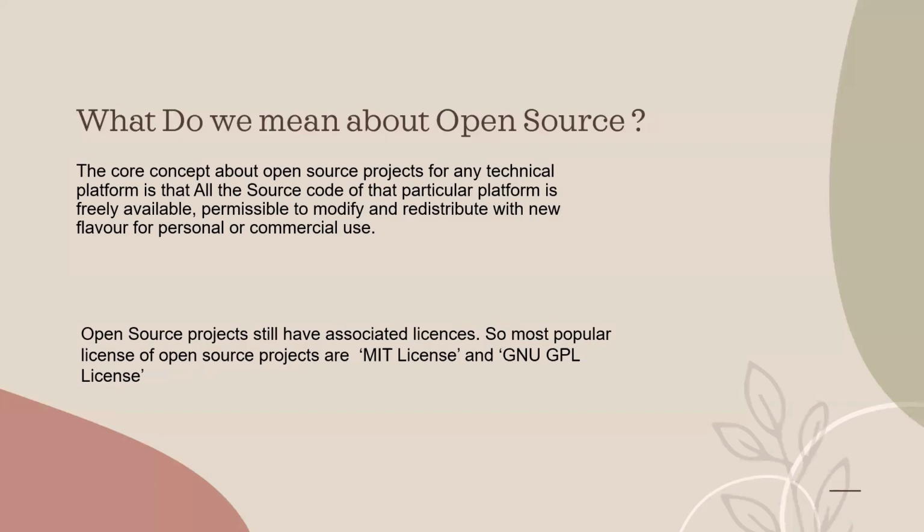Open source projects still have some constraints, like they come with different types of licensing. There is a misconception in many developers' minds that if it is open source software, we can simply take the source code, customize it, and redistribute it without taking any note.